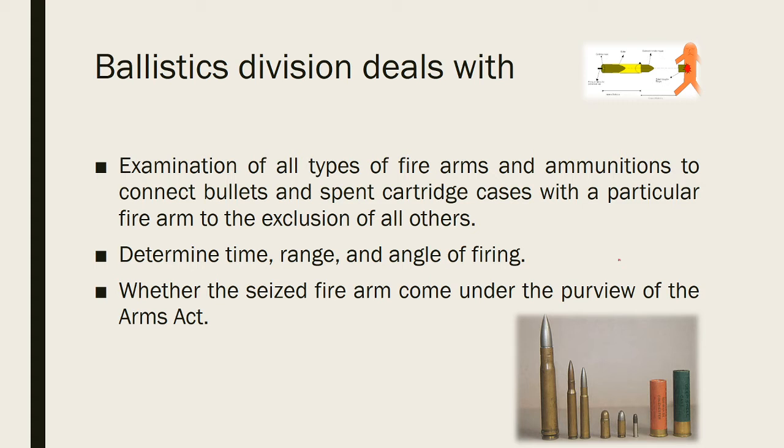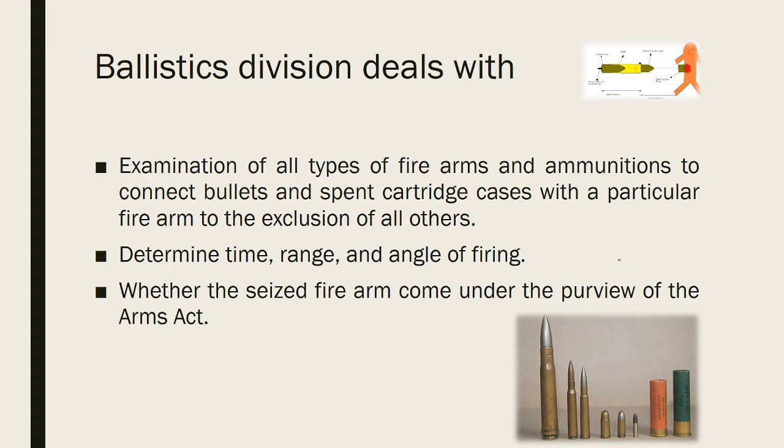Maybe for misleading the investigation, the culprit will leave one or two firearms at the crime scene, and from the body of the target we will get one or two bullets after autopsy. The investigating officer will seize these two firearms, collect them and transport them to the forensic science laboratory along with the bullet.